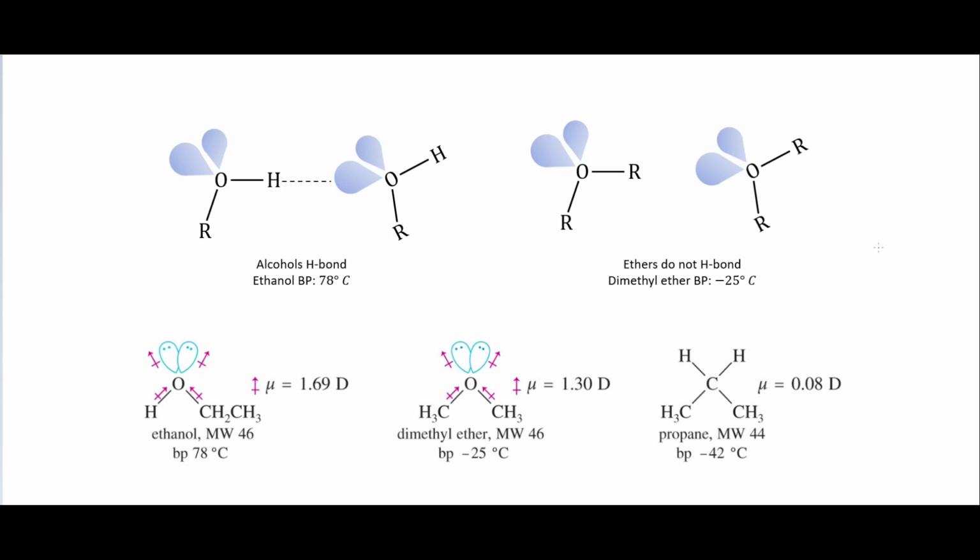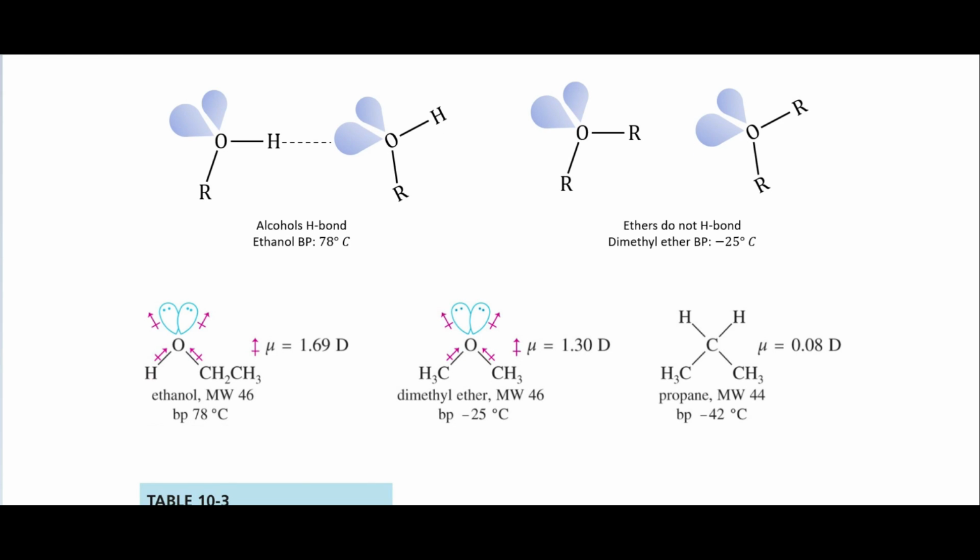And so alcohols, unlike ethers, do have this hydrogen bonding. So we can see here if we have something like ethanol compared to dimethyl ether, which have the same molecular weight, that the alcohol has a much higher boiling point than the ether. And of course, both of them have higher boiling points than a similar molecular weight alkane, so this propane here.